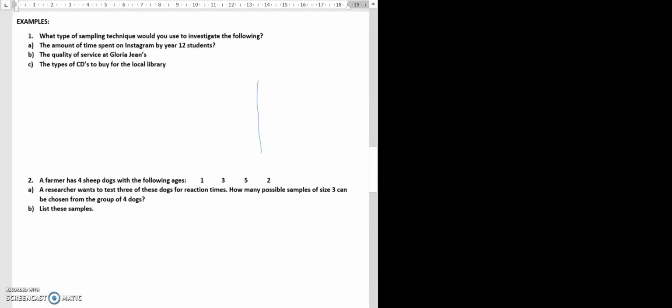The first question is about what types of sampling you might use for these things. So on the first one it says, what type of sampling technique would you use? The first one is the amount of time spent on Instagram by Year 12 students. Well, for that one, you would probably want to sample randomly, because otherwise you could end up having bias, okay, if you just chose everyone with phones or things like that.